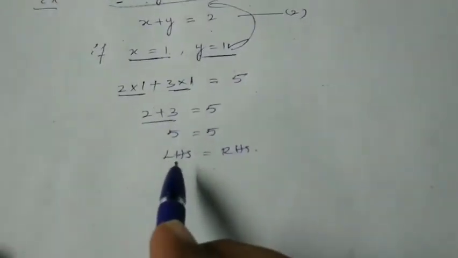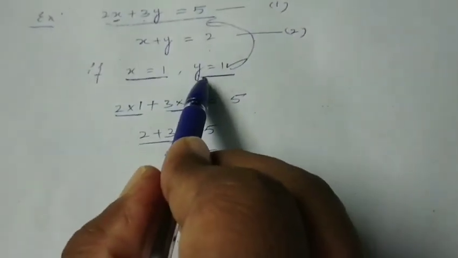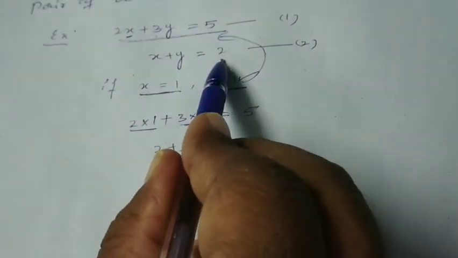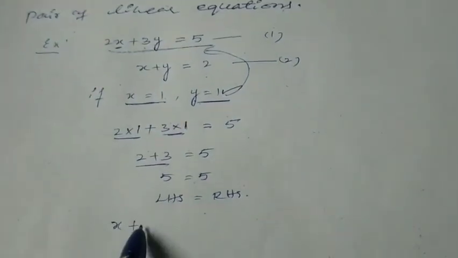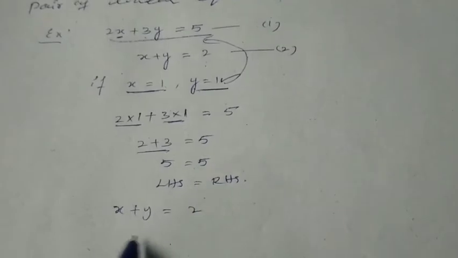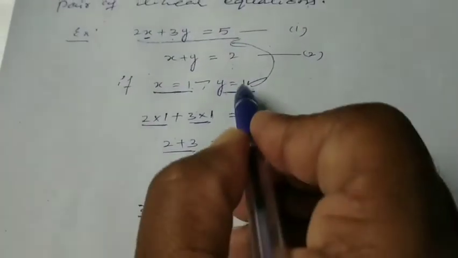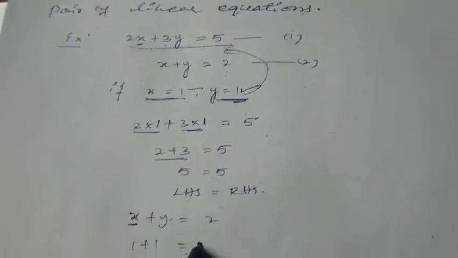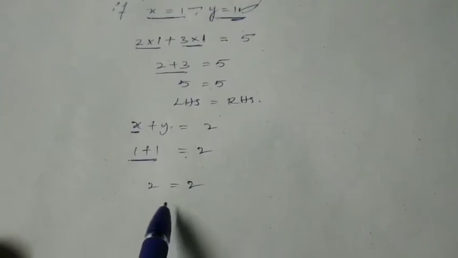Now we are going to check whether this solution satisfies the second equation or not. x plus y equals 2, the second one. Here x equals 1 plus y equals 1 is equal to 2. 1 plus 1 equals 2.